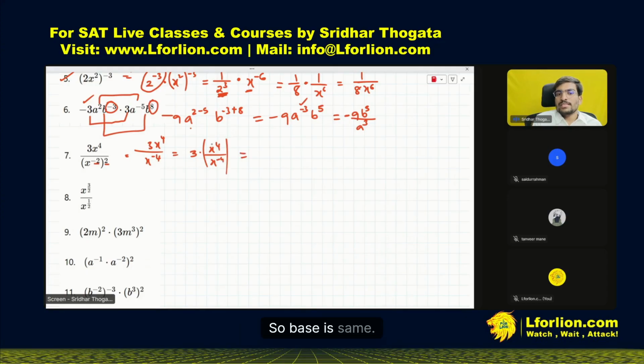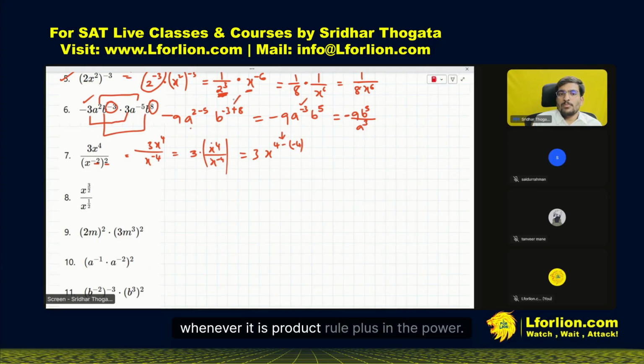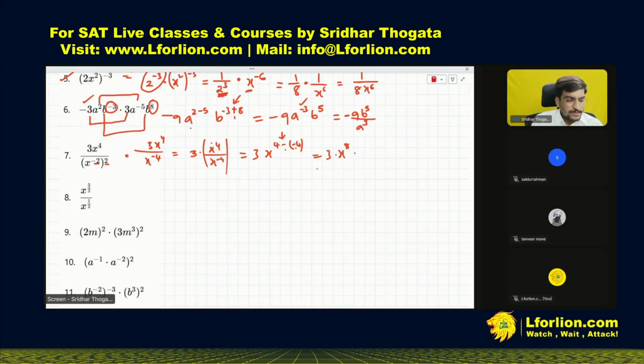So base is same, so we can do what? Quotient rule. We are going to apply the quotient rule. x raised to the power of 4 minus of minus 4. Whenever you apply the quotient rule, here it is minus. Whenever it is the product rule, plus in the power. So this is going to be 3x raised to the power of 4 plus 4, 8. Minus into minus is plus, so 4 plus 4, 8. 3x raised to the power of 8.